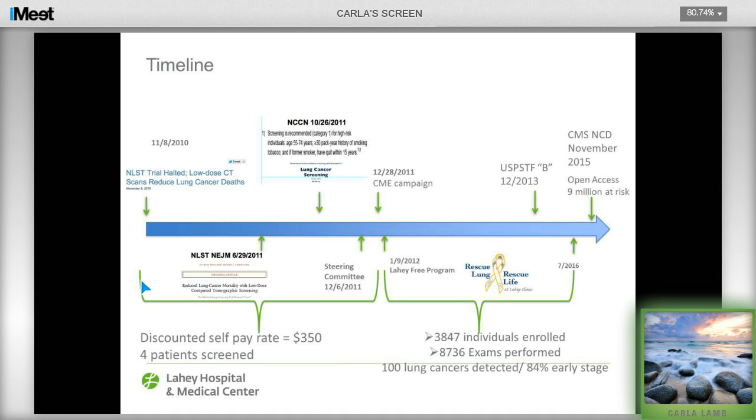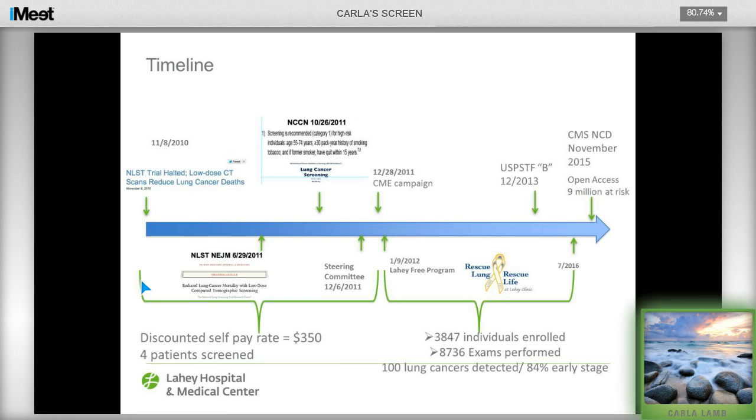But this really just highlights the evolution of a program outside of the NLST, which is our program, and looking at the evolution between before lung screening was actually covered by third-party payers to the evolution of where now with shared decision-making, we're getting coverage for these type of screening exams and testing.